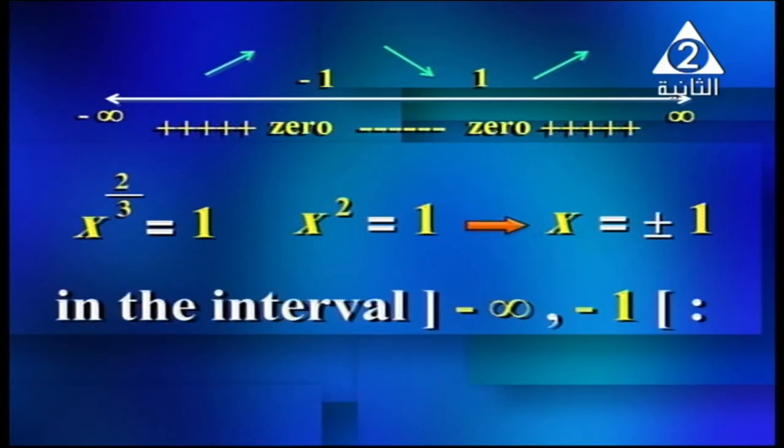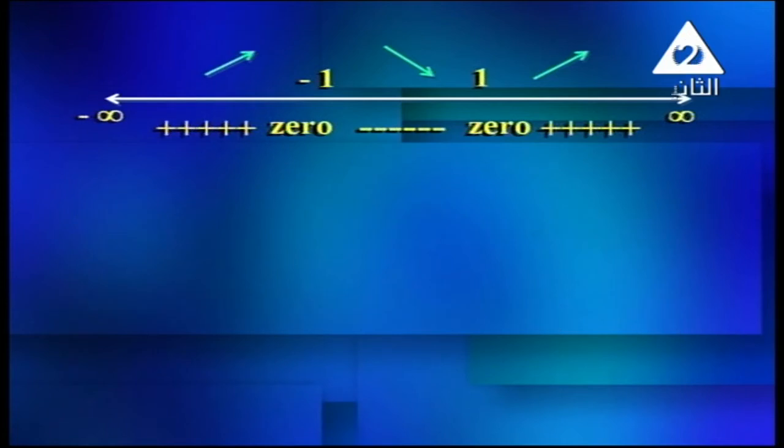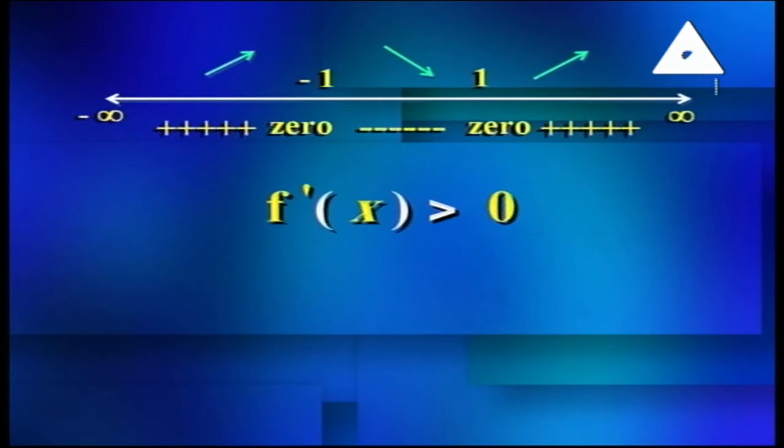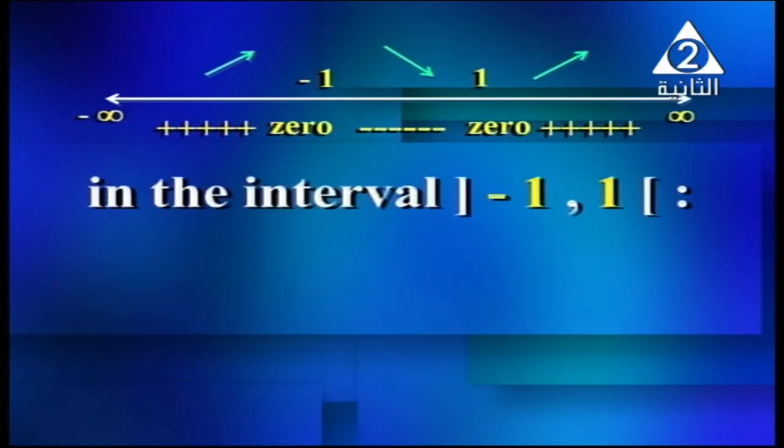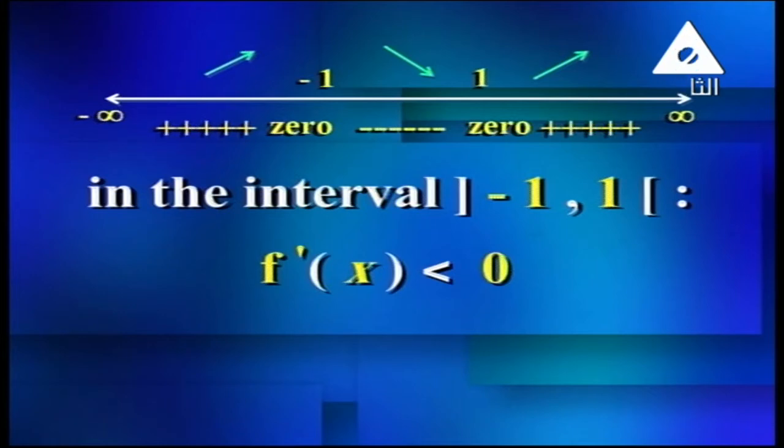In the first interval from -∞ to -1, we choose a number in this interval. We know that f'(x) is more than 0, positive. Then the function is increasing in this interval. Second interval, my dear student, open (-1, 1). We choose the number between -1 and 1 as 0 and find f'(0). Then we find f'(0) is smaller than 0, negative.